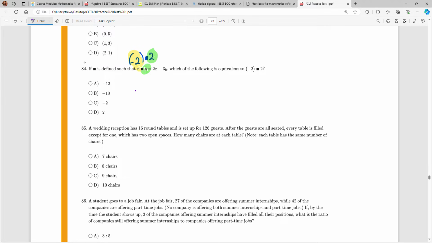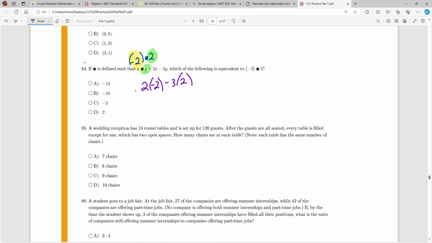So I'm going to rewrite this right here. 2 times x, but instead of x, I'm putting that negative 2 because that was at the front, minus 3 times y, and instead of y, I'm putting positive 2 because that was at the back.